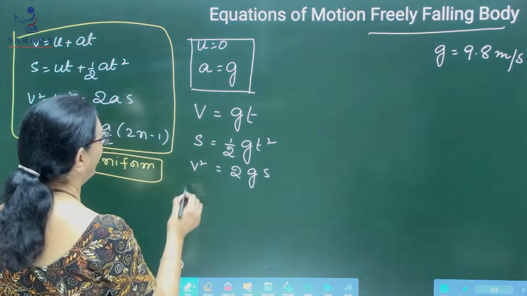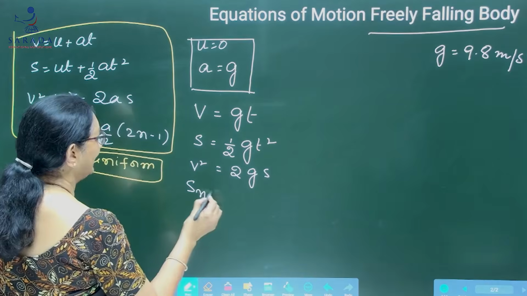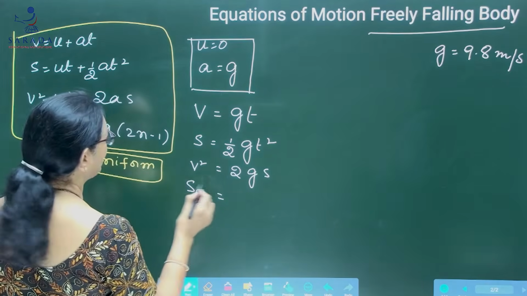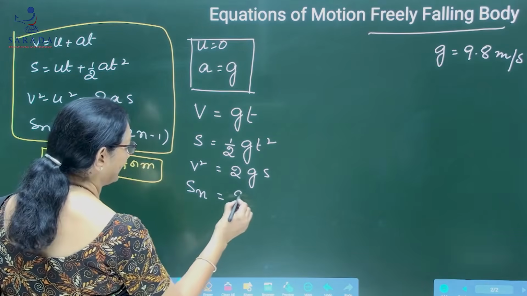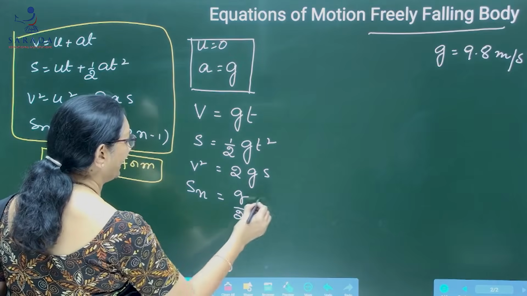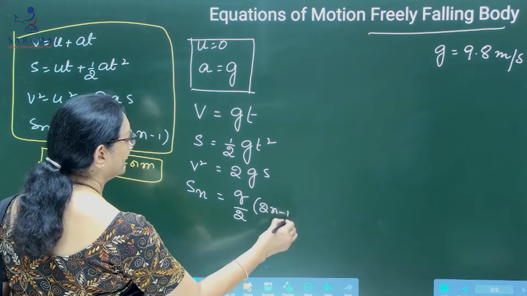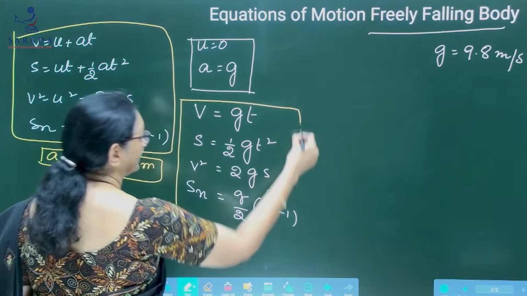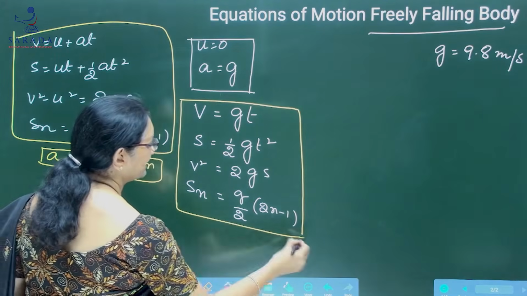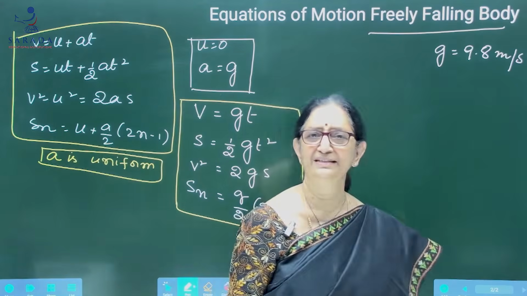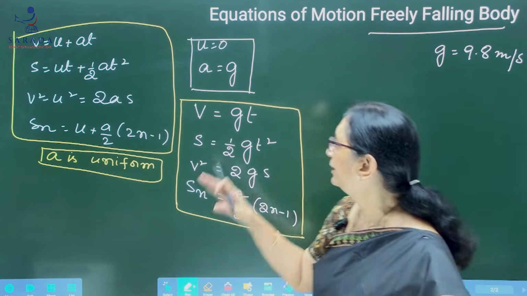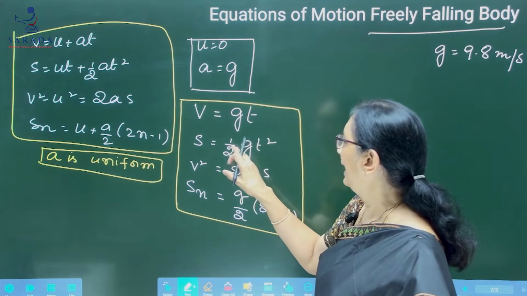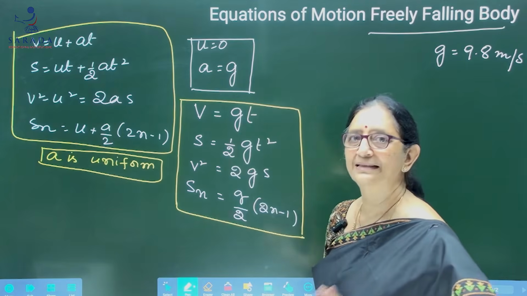And coming to the fourth equation, Sn is equal to g by 2 into 2n minus 1. These are the equations of motion in case of a freely falling body. We have just substituted u as 0 and a as g here.